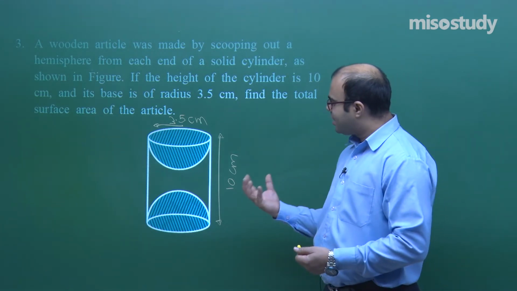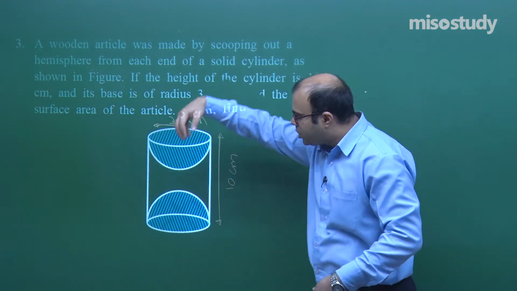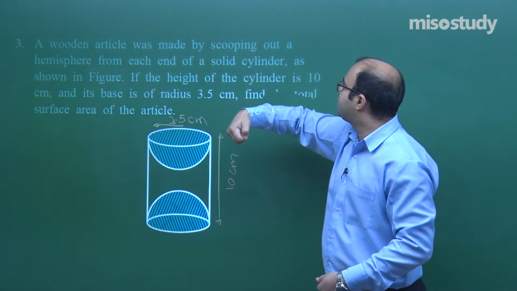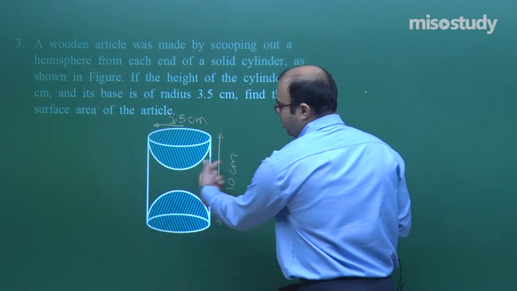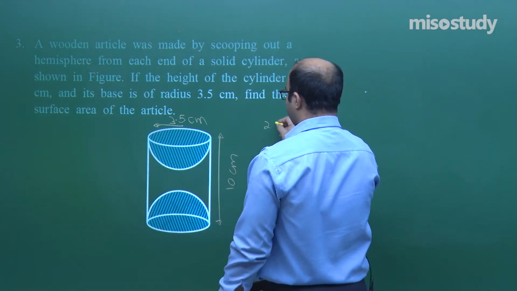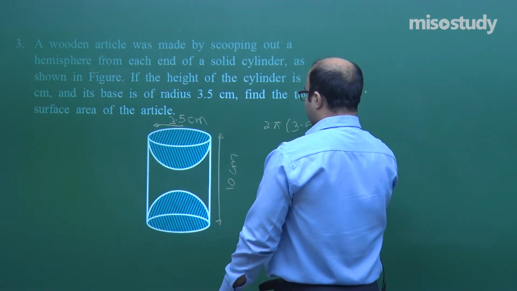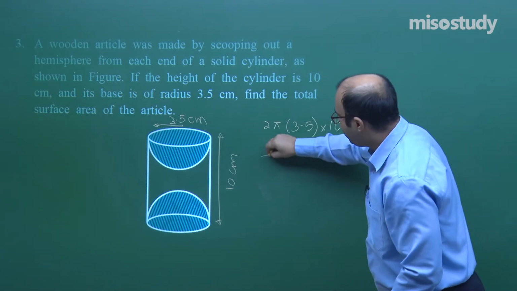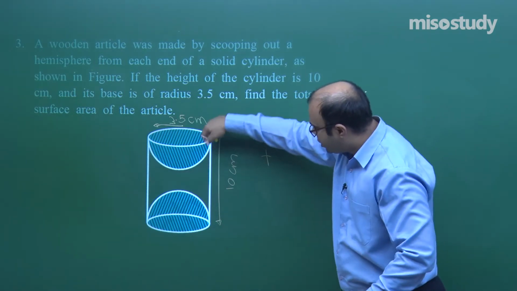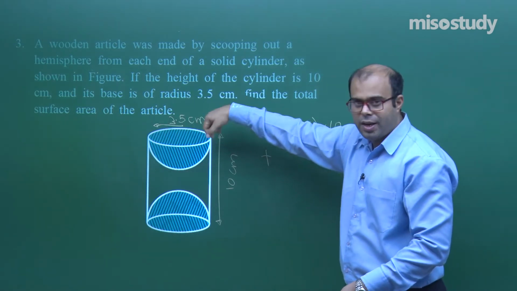So the article has the surface area around this cylinder and this hemispherical scoop which is done over it and under it. If we take the surface area of the cylinder, that is 2 pi RH. So 2 pi, radius is 3.5 into H, that is 10 centimeter. This is the cylindrical part. We will add this ball shaped figure over here having some surface area, that is 2 pi R square.